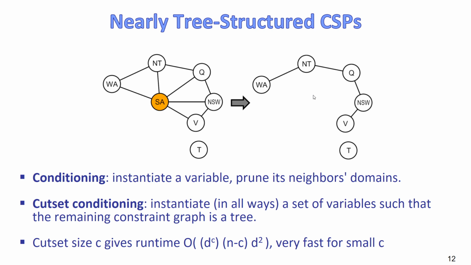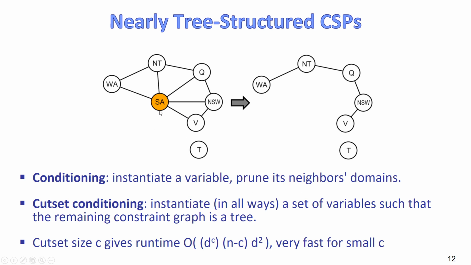So solving the new problem, which is much easier, we can extend it easily to solve the original problem. Actually, it will be a very straightforward way of moving back to the original problem. So this is what we call conditioning: instantiating a variable, which means assigning a value to a variable and pruning its neighbors' domains.